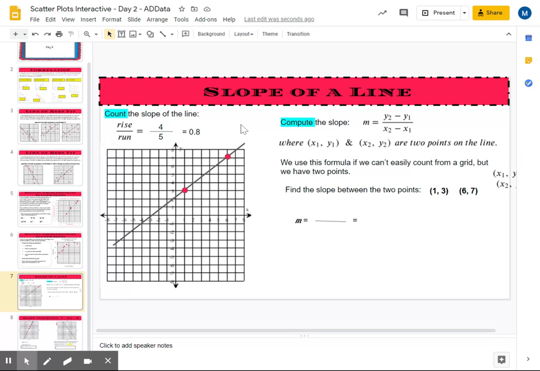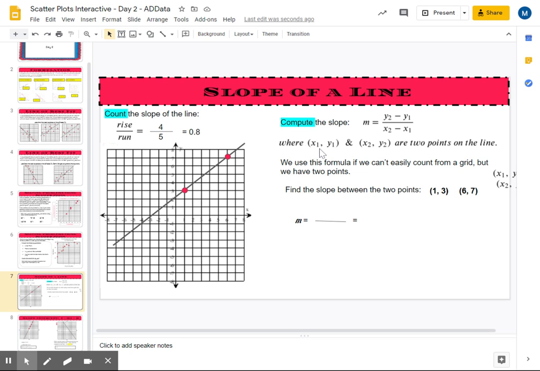Okay, so now the other way to get a slope is to compute it. So this is the slope formula. M is the variable that always gets used for slope. And y sub 2 minus y sub 1 over x sub 2 minus x sub 1 represent the points that we have to plug into this formula to get our slope back.